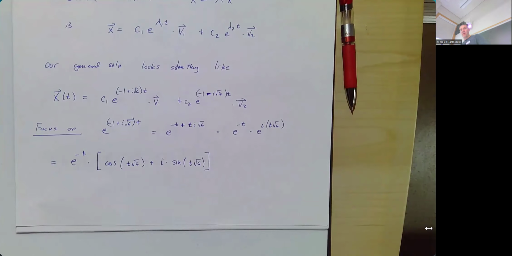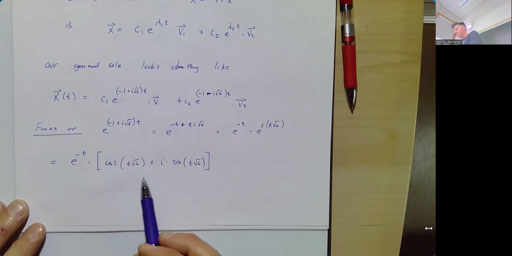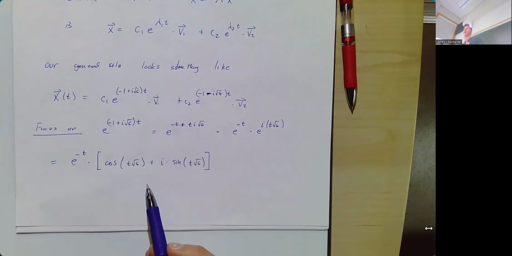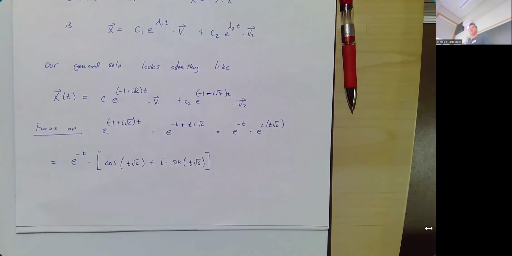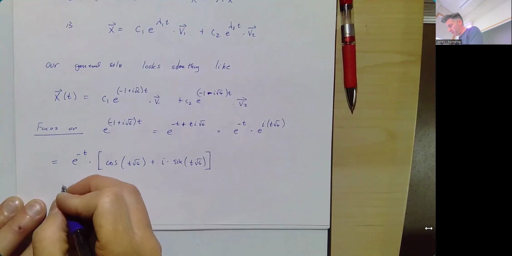And what this means for us is that this part here is just going to cause oscillation. As this angle goes through a cycle from 0 to 2 pi, we're going to cycle through the unit circle. And so as time goes on and on, two things happen.